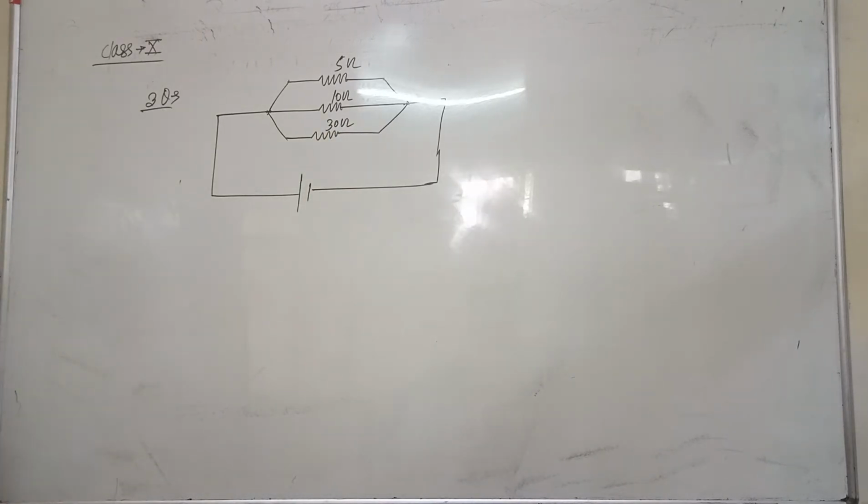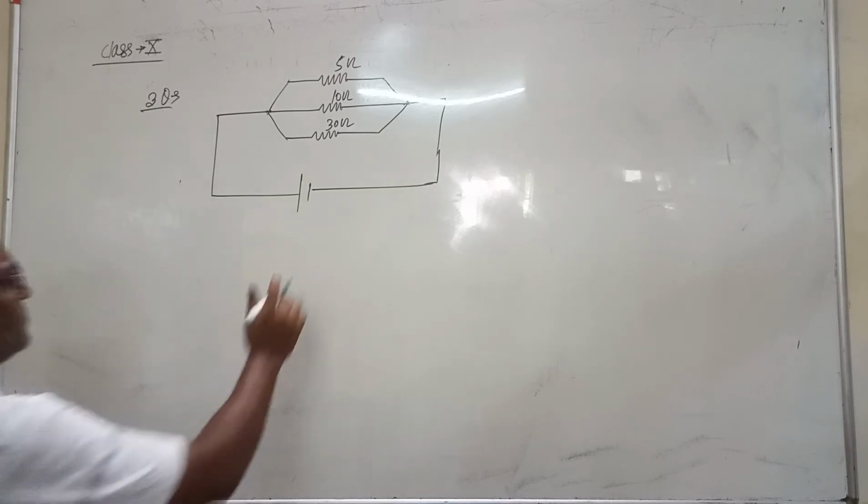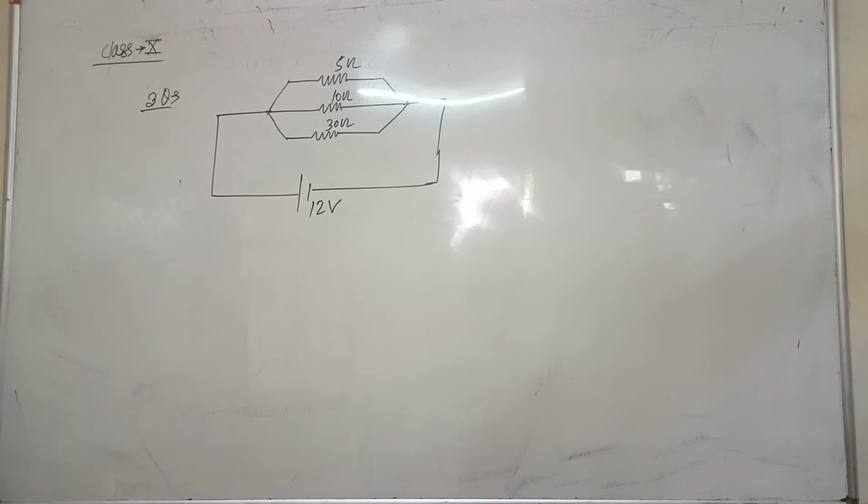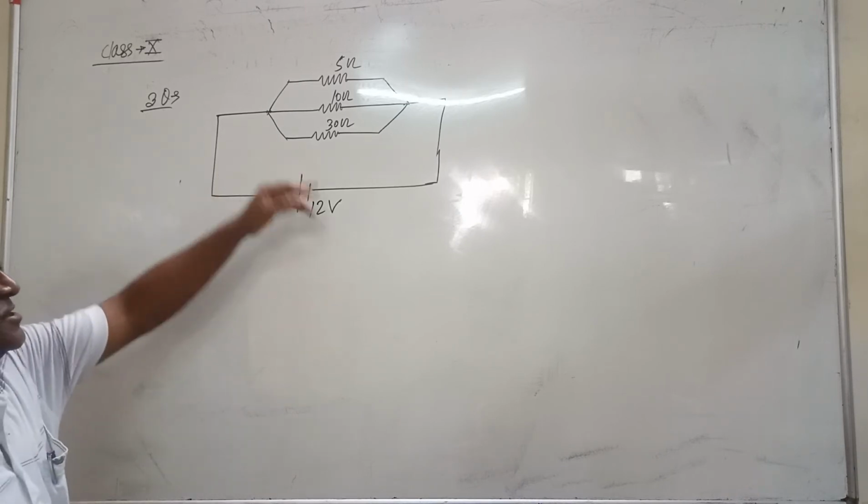And the potential difference is 12 volt. Calculate the current through each resistor.